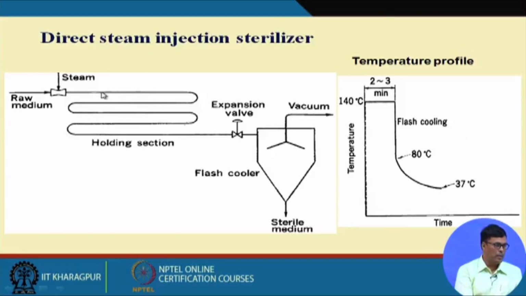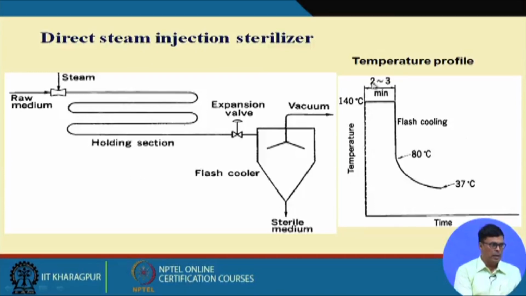So density and viscosity play a very important role. As the density and viscosity change, it is very difficult to maintain a particular temperature inside the holding section, and if you are unable to maintain the temperature, it is very difficult to maintain sterility. That is the major problem with direct steam injection, and that is why it is not in practice in industry.